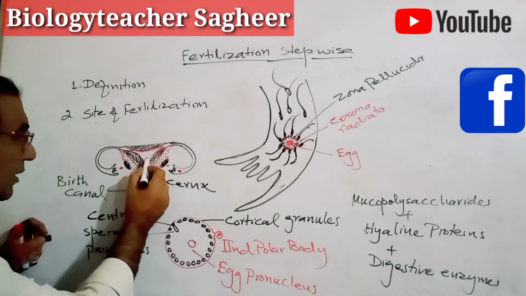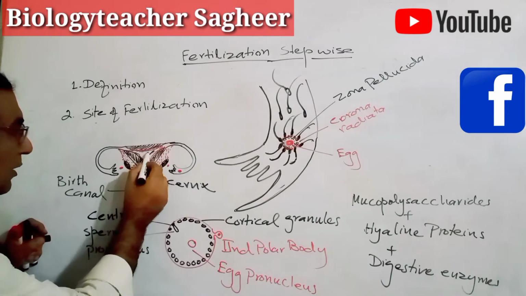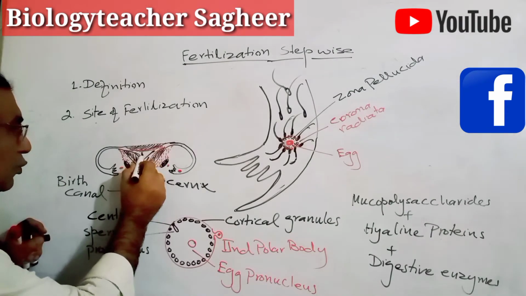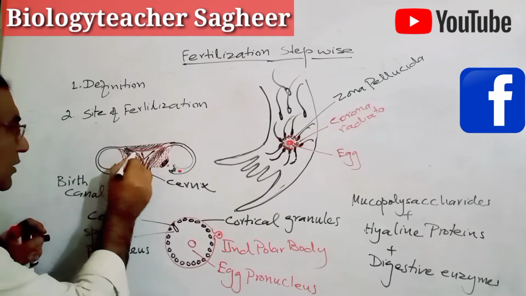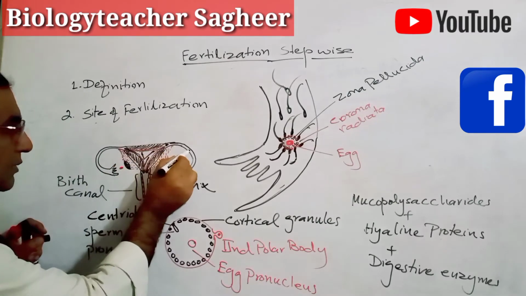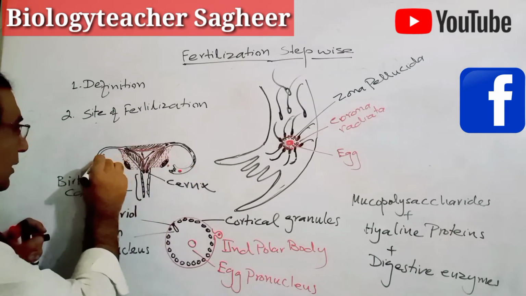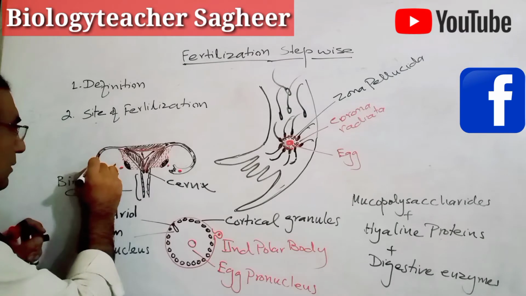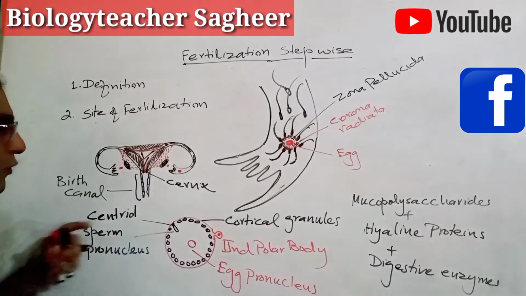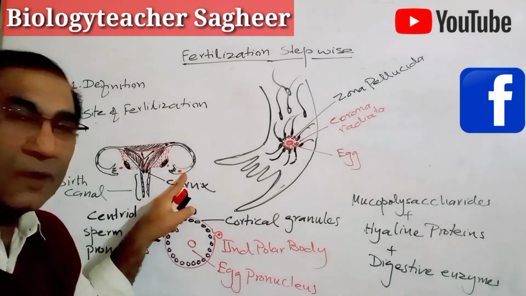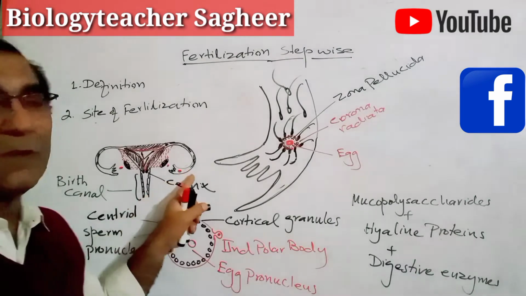So the sperms are released here, and they move towards these sides, towards the distal part of the fallopian tube.